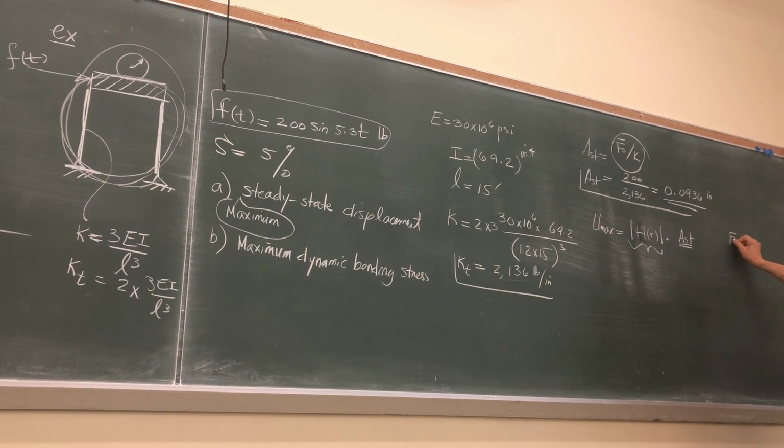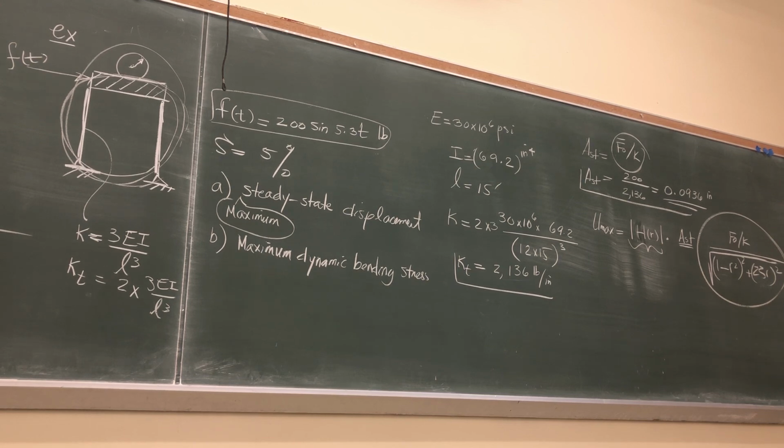F0 over K, over the square root of 1 minus R squared, squared, plus 2 zeta R, squared. This is the amplitude of the steady state response, which is the maximum value of the dynamic displacement.